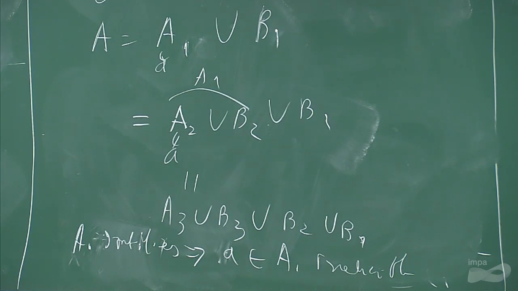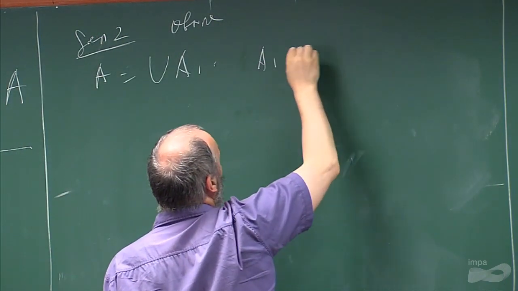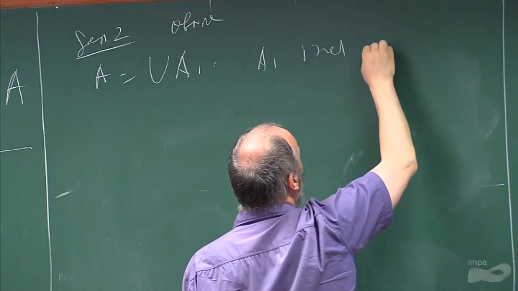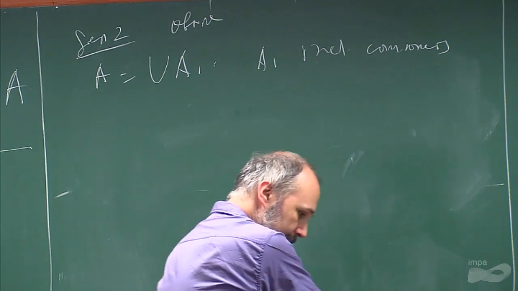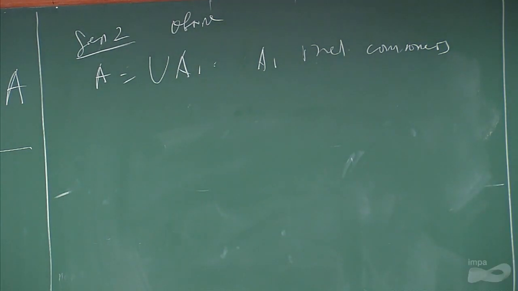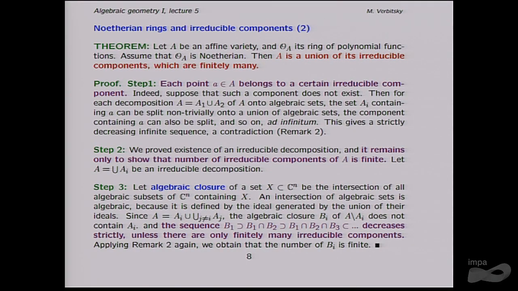So step 2. We obtained A as a union of A_i, where A_i are irreducible components. What we need now to show is that it is a finite union. This is step 3. Why is it finite?